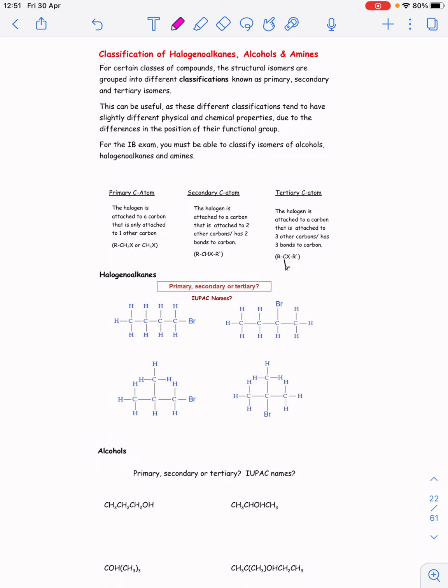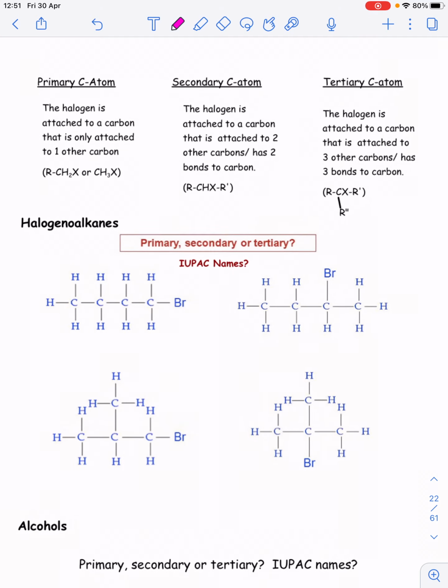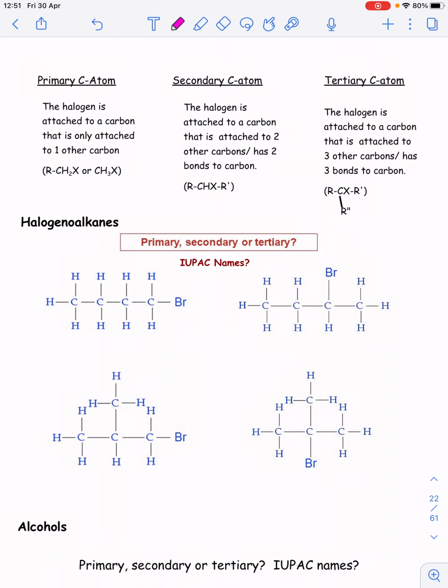So the idea is that depending on what a given functional group is attached to, well, it'll be attached to a carbon, but depending on what else is bonded to that carbon, it changes the behavior of that type of molecule. Okay, so what am I talking about here?